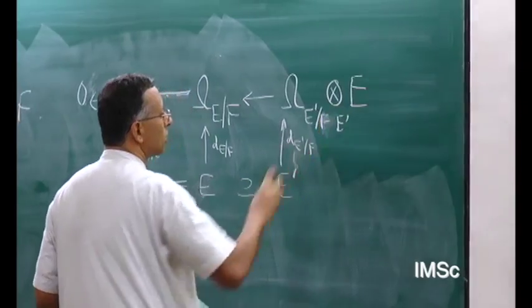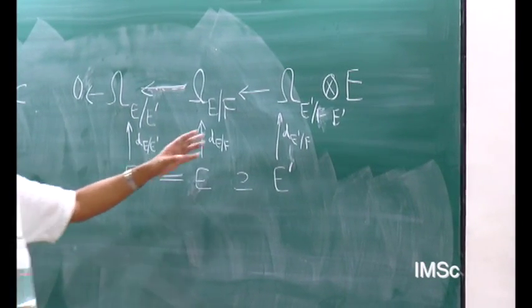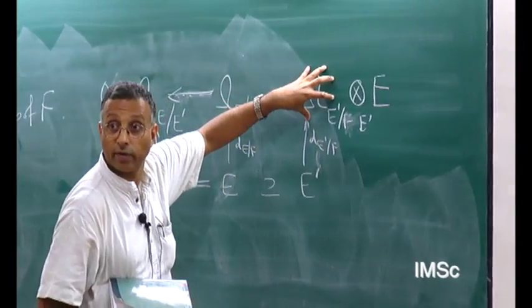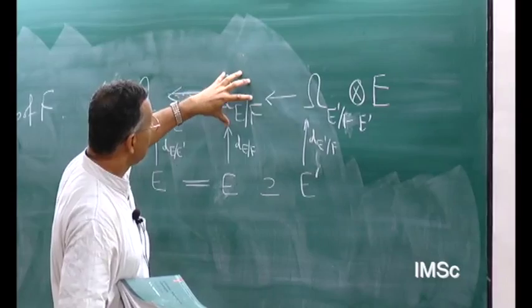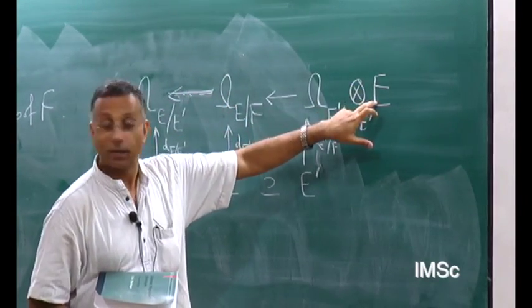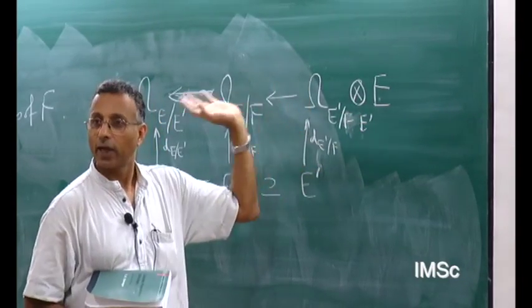That is just because from what we said last time, this is an E prime vector space, this is an E vector space, and so then I can tensor with E over E prime. I can write it on the right or left.